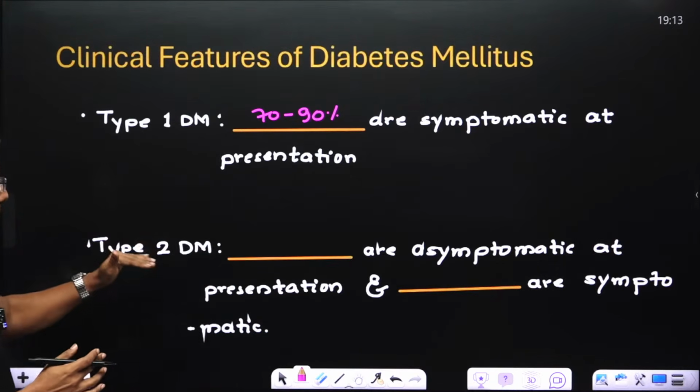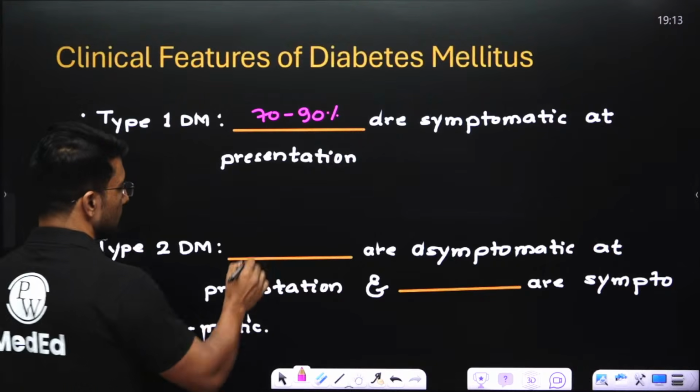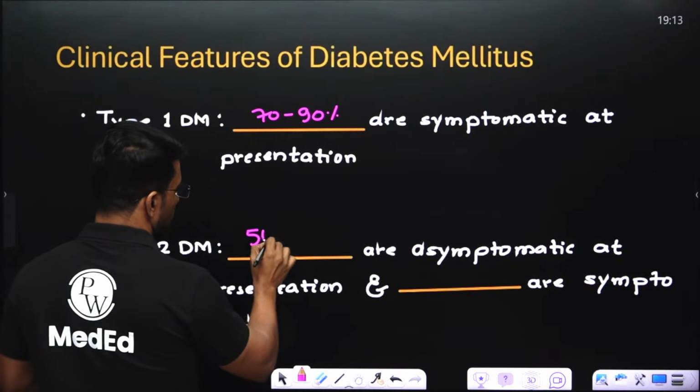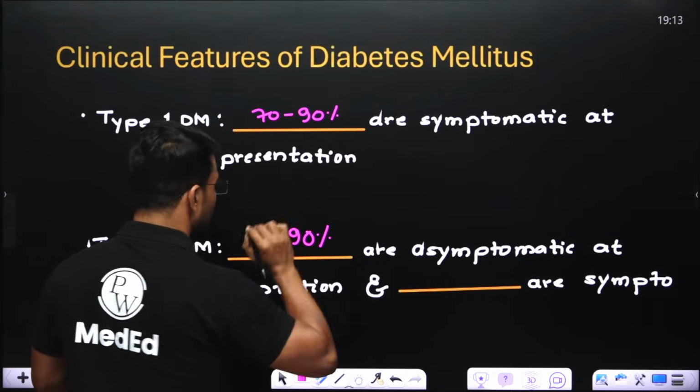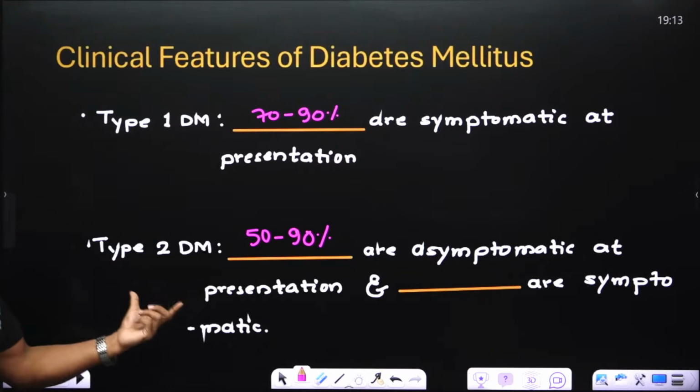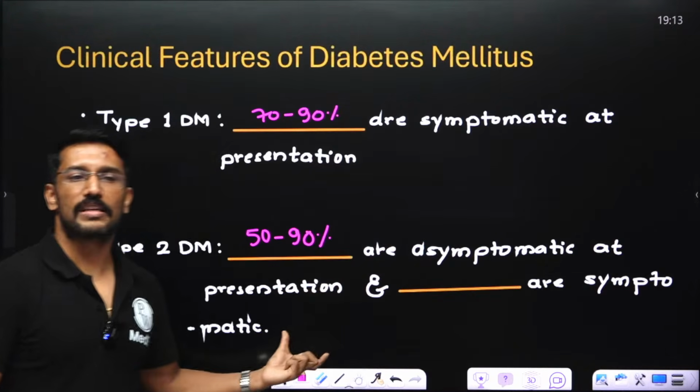On the other hand, when we talk about type 2 diabetes mellitus, 50 to 90% of the patients are asymptomatic at presentation.